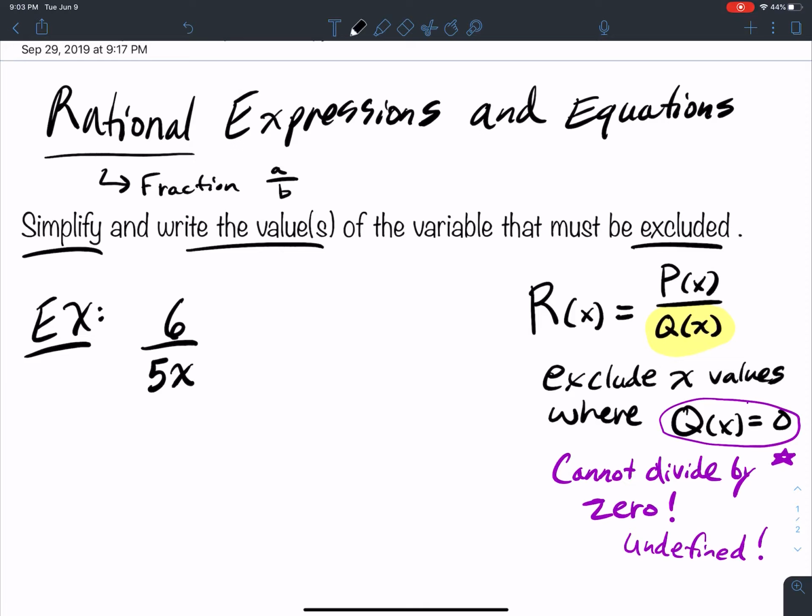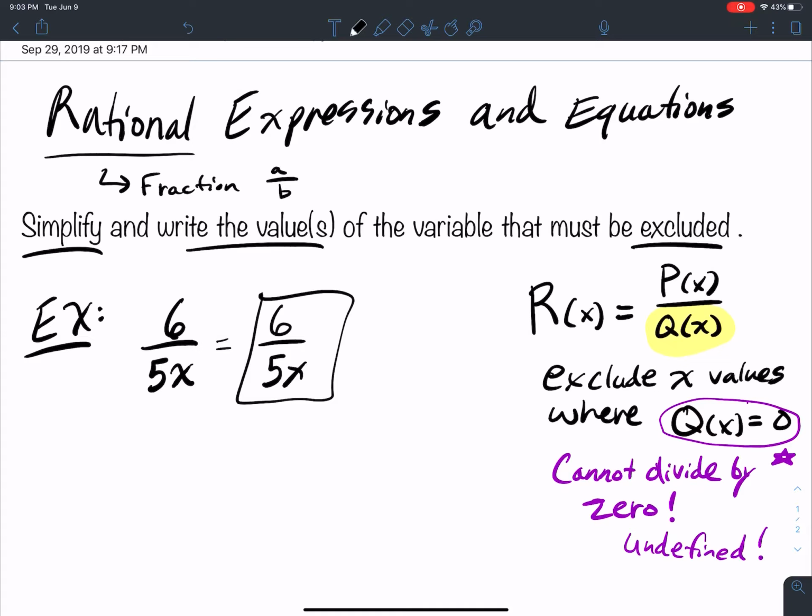In the numerator, there's nothing that factors, it's just 6 times 1. In the denominator, 5 and 6 have nothing in common. They're relatively prime to each other. So there's nothing that can be done, this is simplified as much as you can. So this is just our answer.